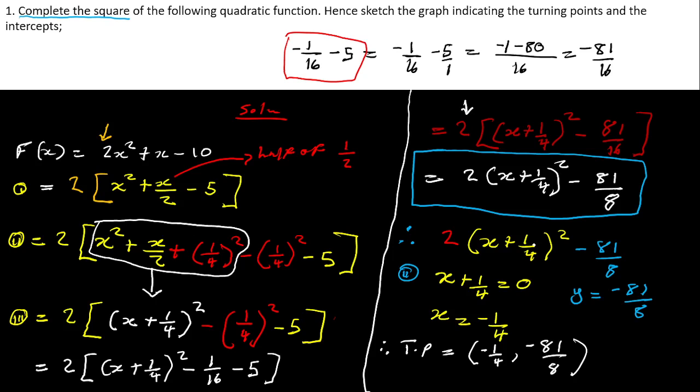Now we have responded to the question about the turning point. The next thing we need to look for is the intercepts, where the curve is cutting the x-axis or the y-axis. Let me quickly look at how easily you can work that out.